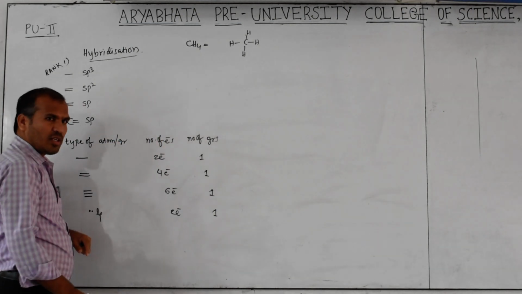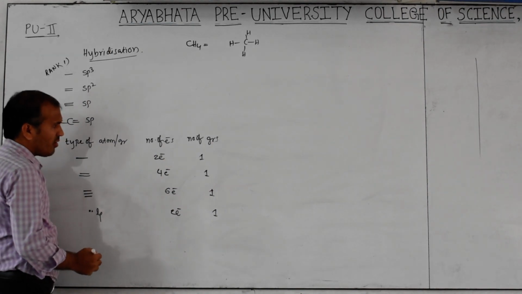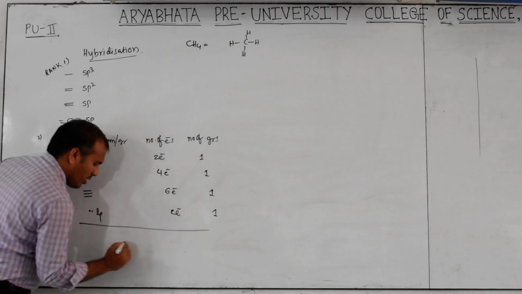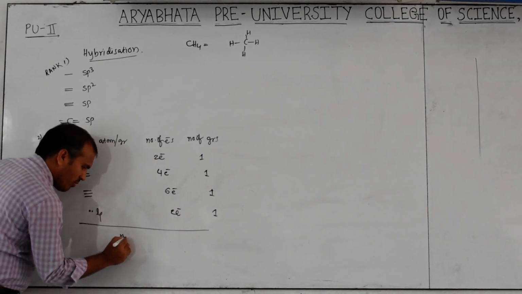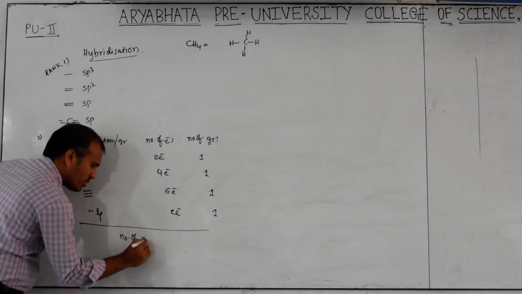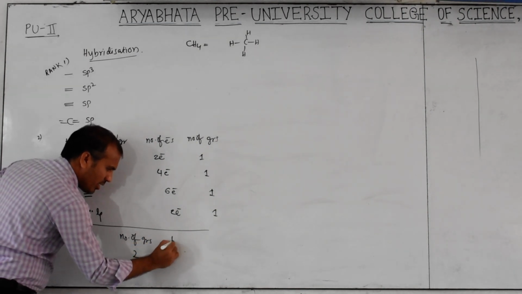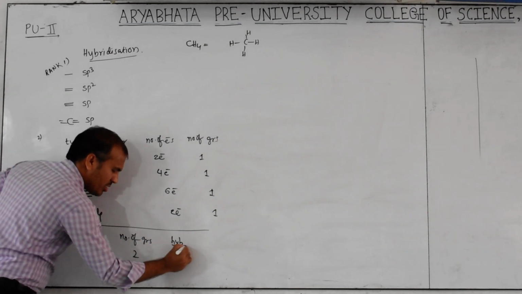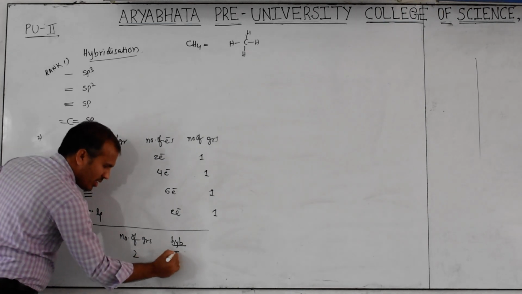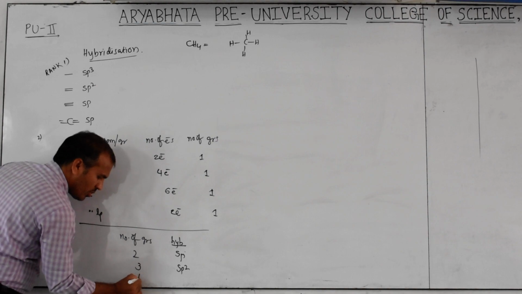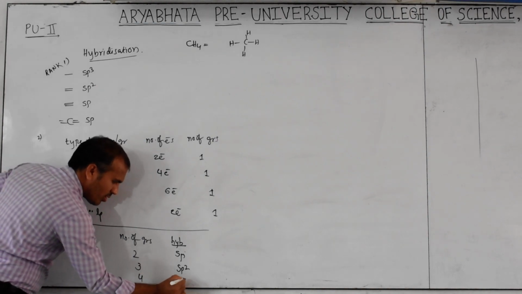For this shortcut, it is the number of groups: 2 groups is sp, 3 groups is sp2, 4 groups is sp3.